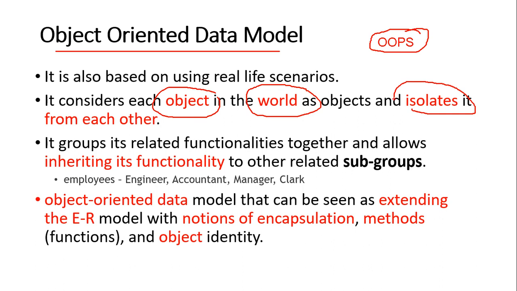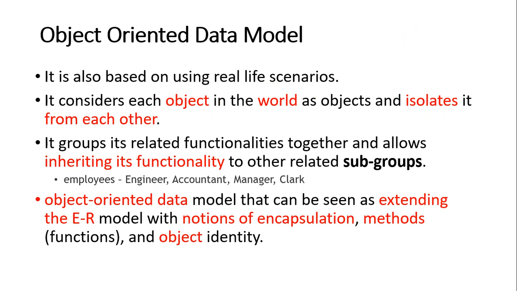Now, when I say object, there are a few things you are already familiar with. An object encapsulates. Hope you recall that. Encapsulation is there. Hope everybody is familiar with that. An object stores the data as well as the related functions.